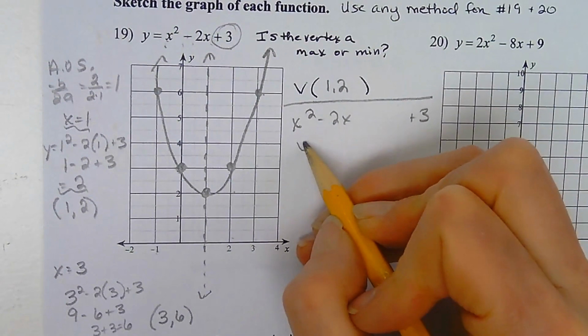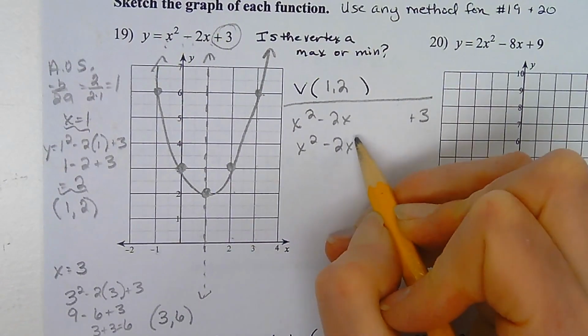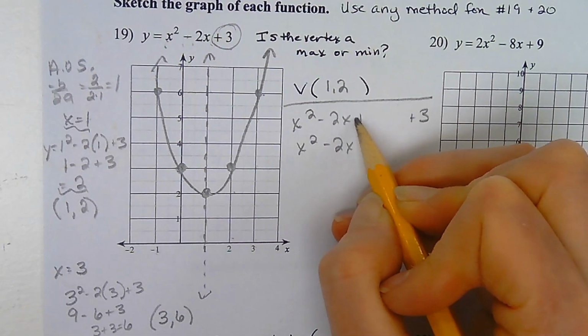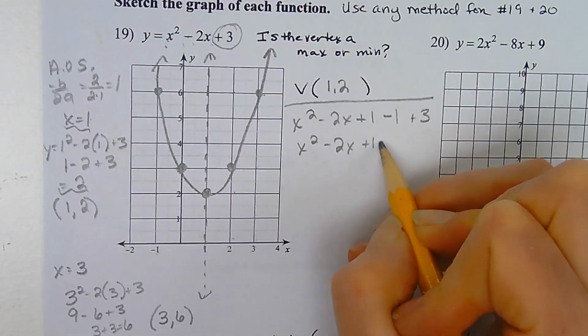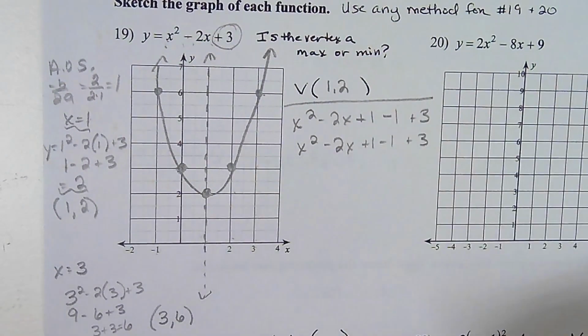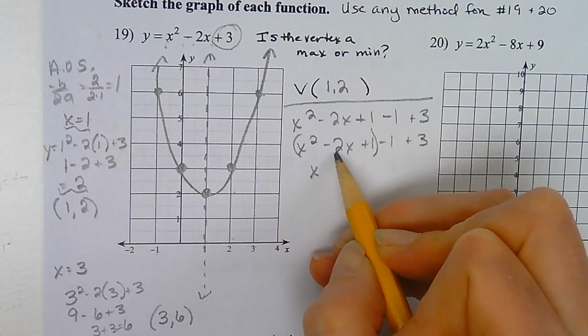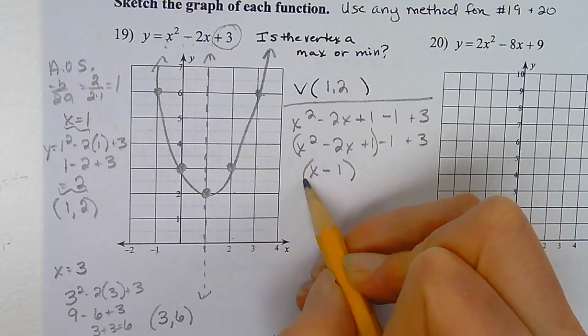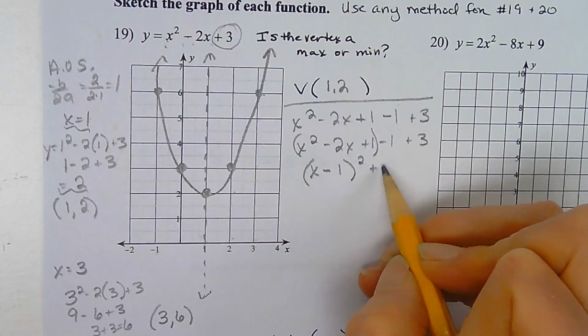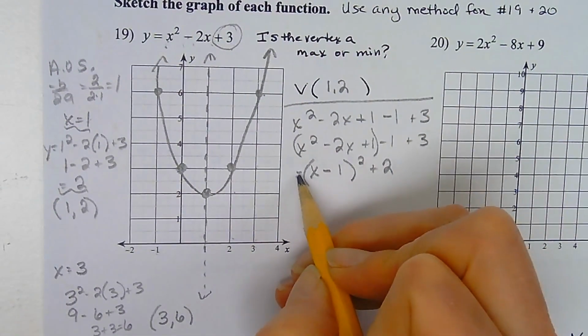Half of negative 2 is negative 1. So I take negative 1 and square it, so that's plus 1 minus 1, and then I have the plus 3 out there. I'll factor the perfect square trinomial, x minus 1 squared with a plus 2 on the outside. And that is the vertex form.